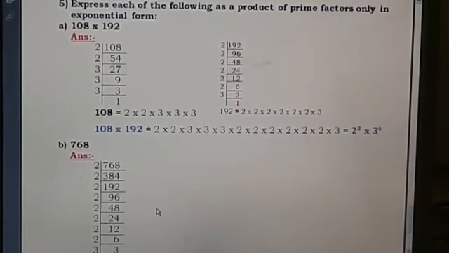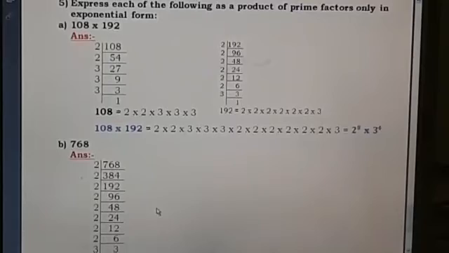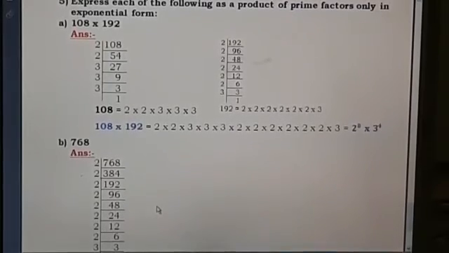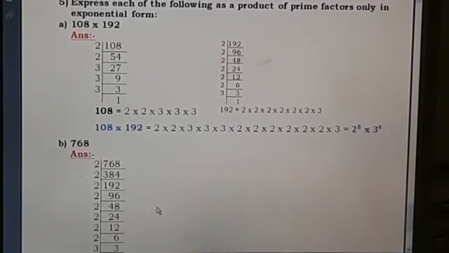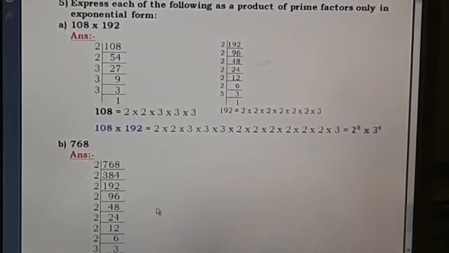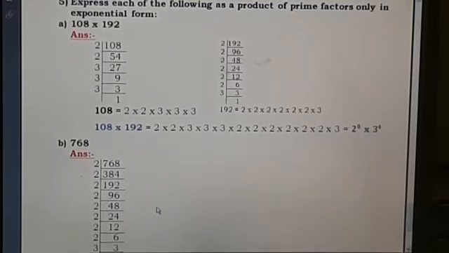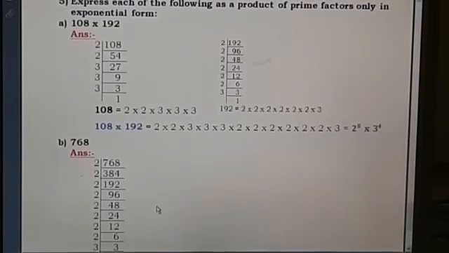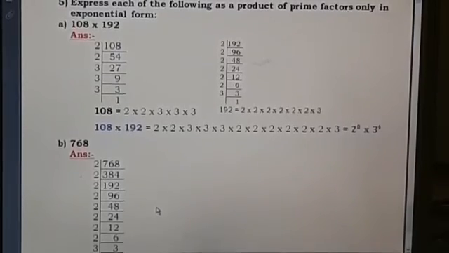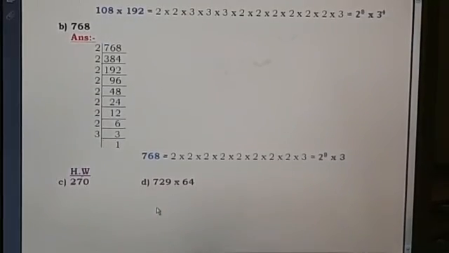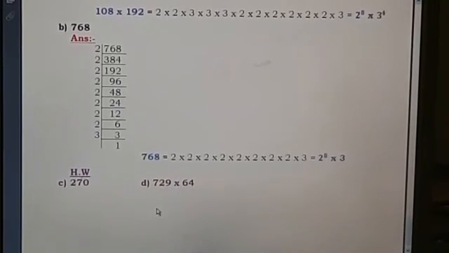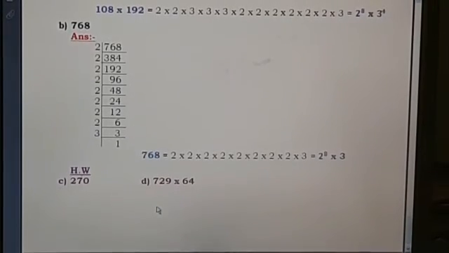Next, 192 also we have to find the prime factors. Then both the numbers we have to take together and write. Afterwards we have to count how many 2's are there, like that count and write, and how many times 3 is repeating, that also you have to count and write. That is the answer.